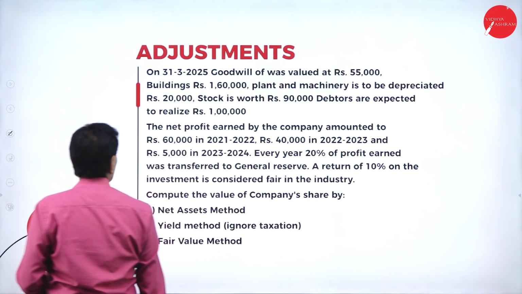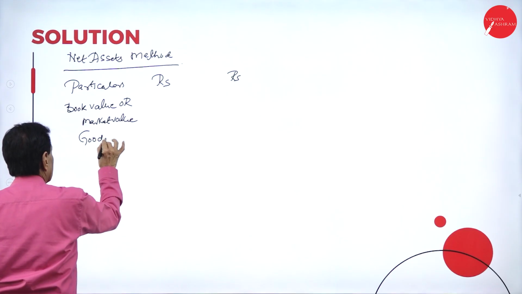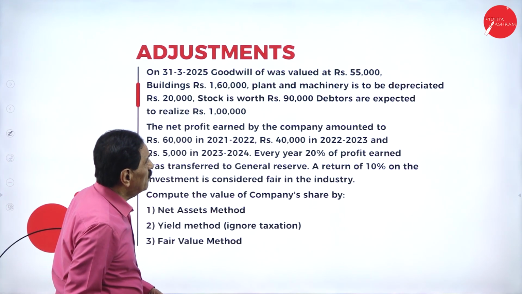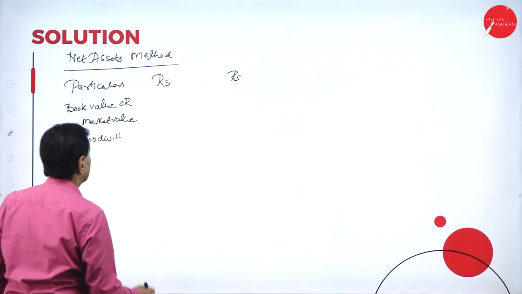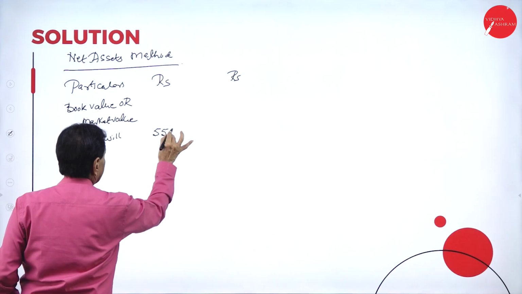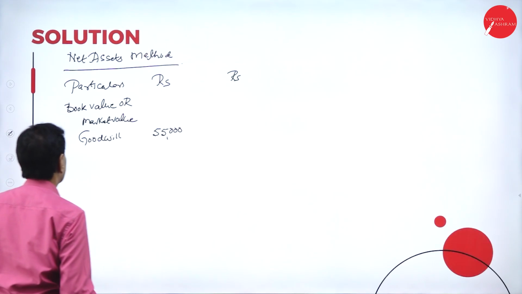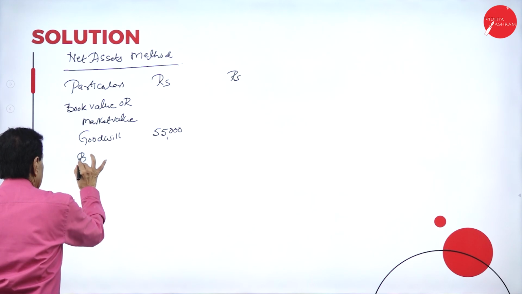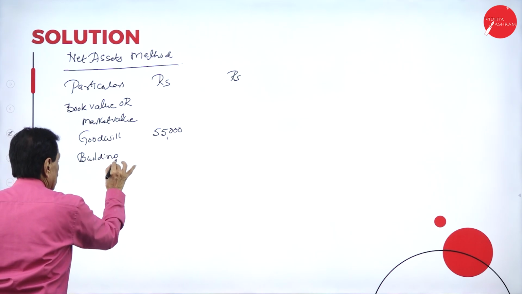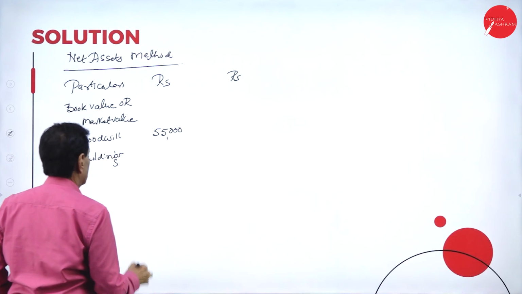First one, goodwill. How much is goodwill valued? 55,000. Then buildings, 1,60,000.